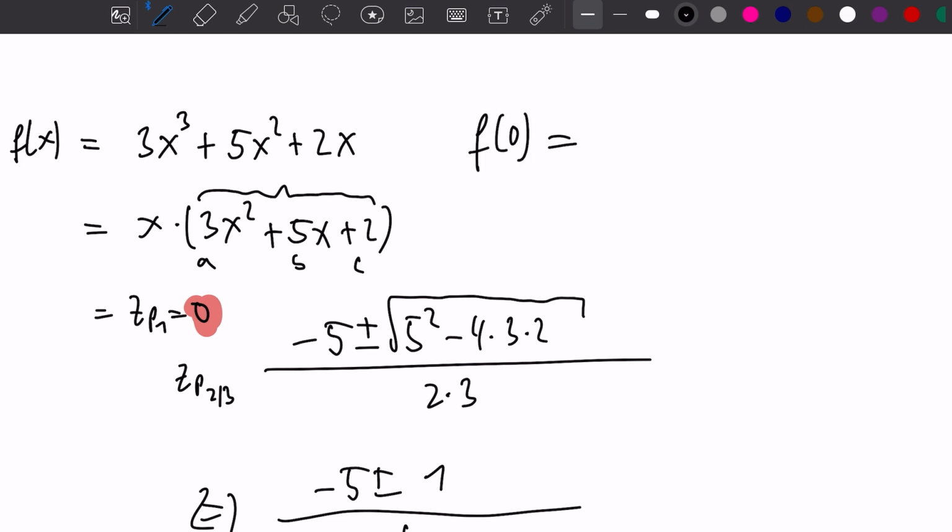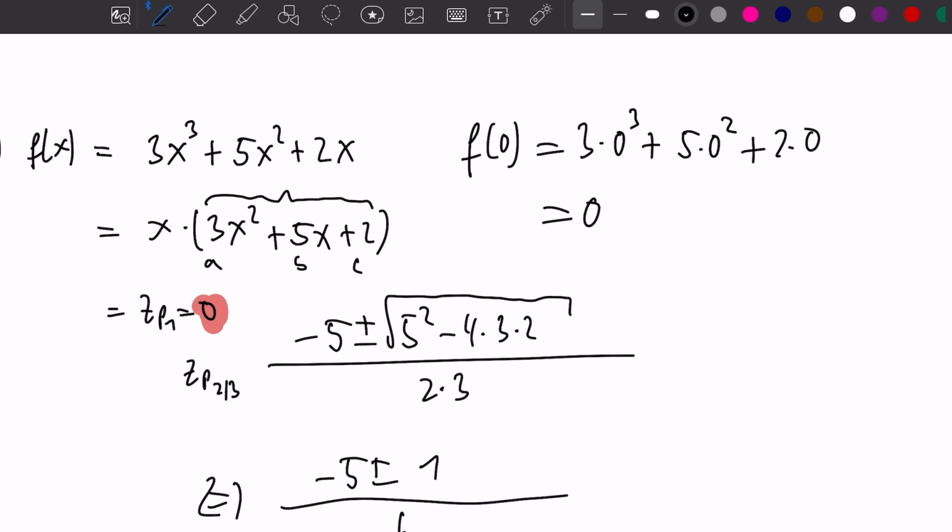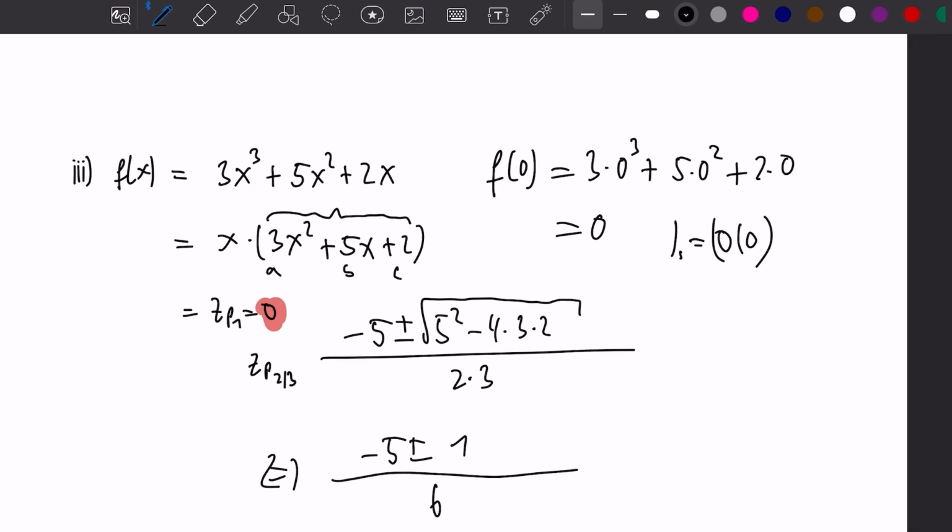So f of 0 equals 3 times 0 to the 3rd power plus 5 times 0 to the 2nd power plus 2 times 0. Everything is 0, so it's just 0. So our intersection with the y-axis is just at the point 0, 0.